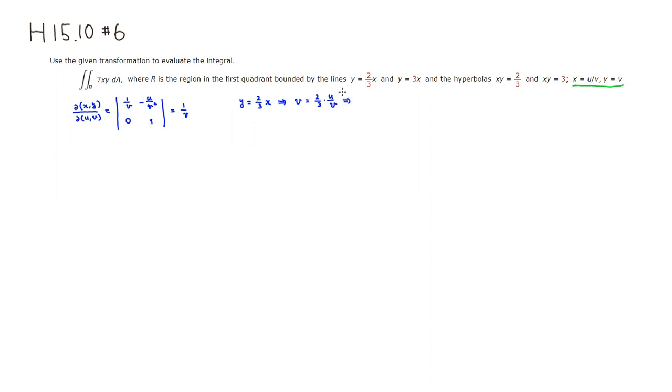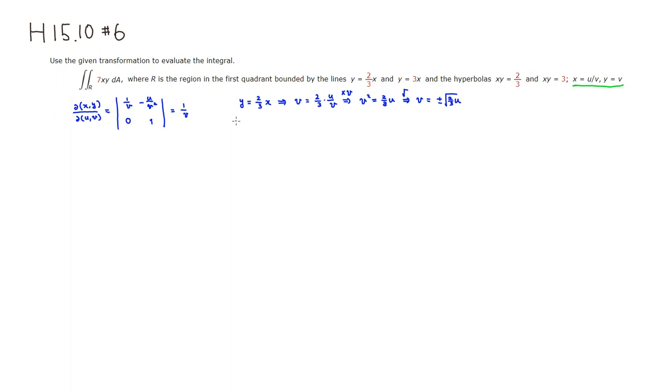Multiply both sides by v, and we get v squared equals 2/3 u. Taking the square root of both sides, v is equal to plus or minus the square root of 2/3 u.